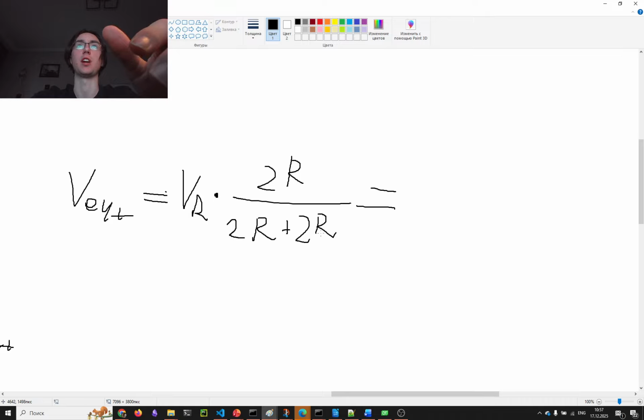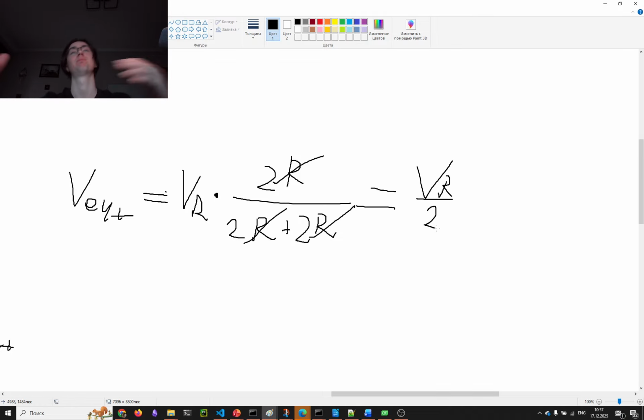We can divide by R because it's non-zero, and get VR divided by 2. Here we go.